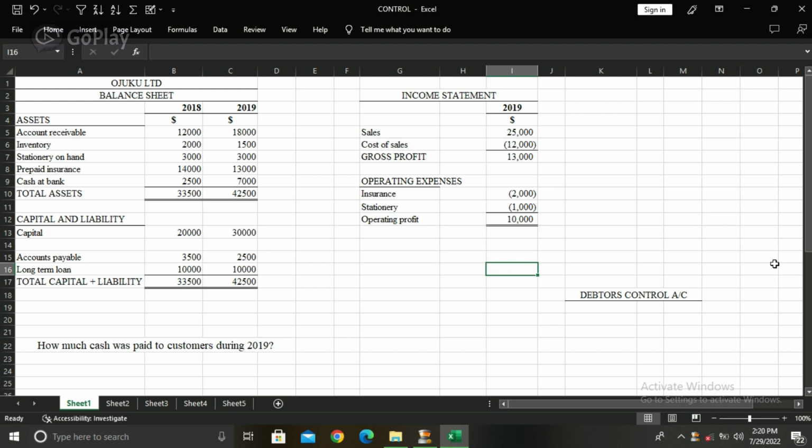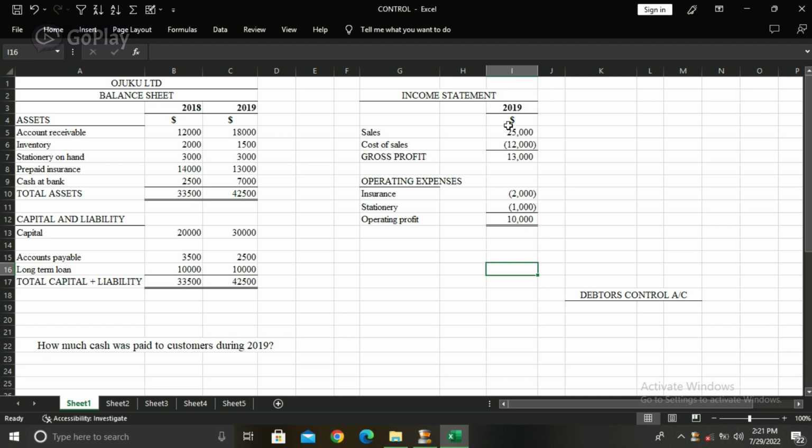Now, in preparing control account or cash flow statement, in most instances you'll be given balance sheets from 2 years. As you can see on the screen here, I have my balance sheet for Ojuku Limited, from 2018 and 2019. Then they will give you the income statement, or statement of profit and loss, for the current year.